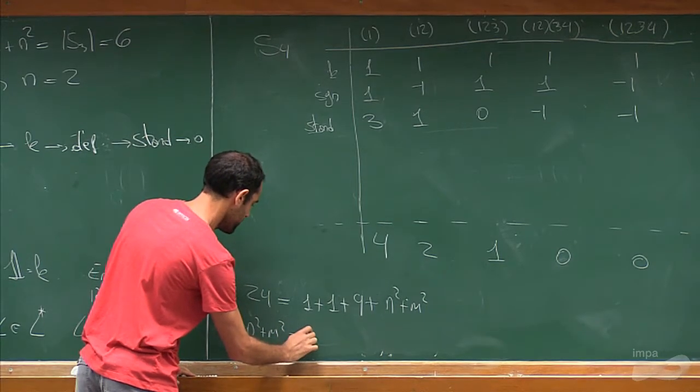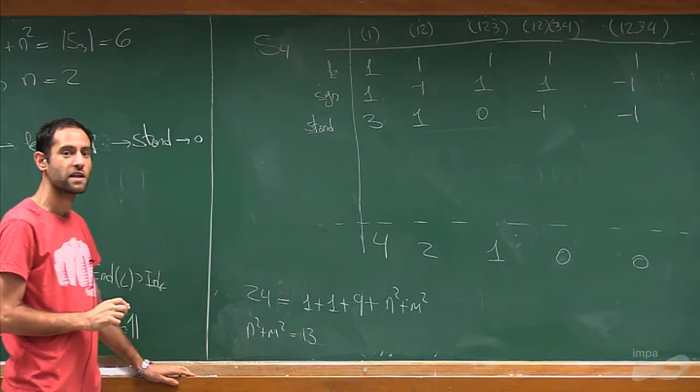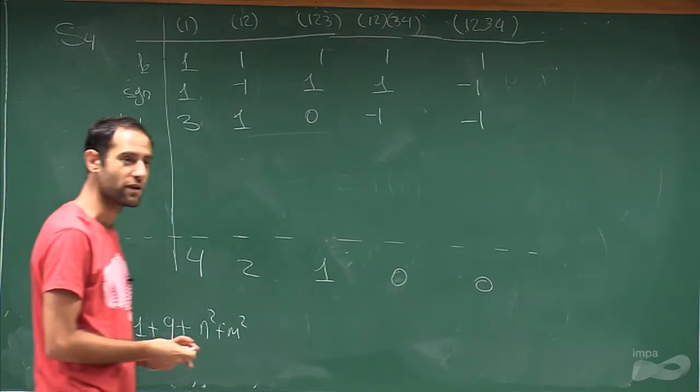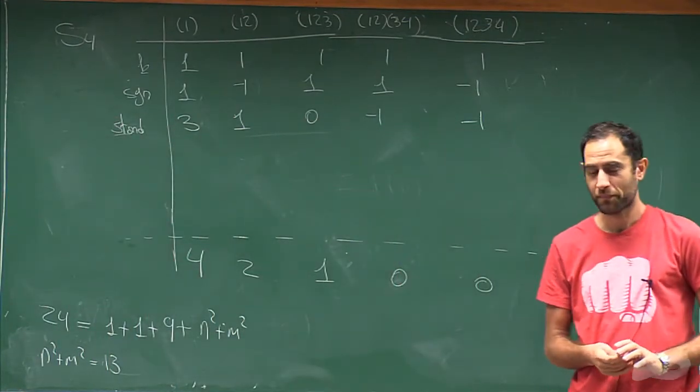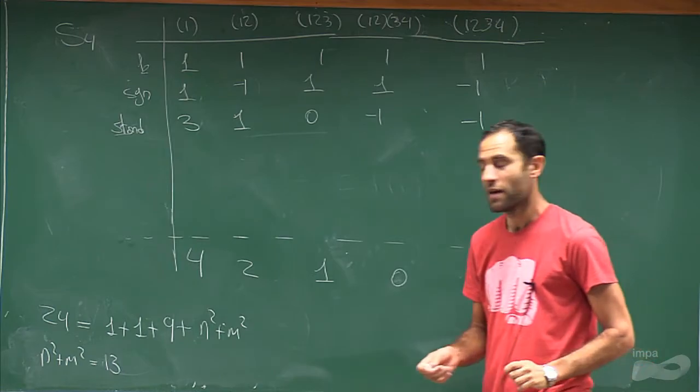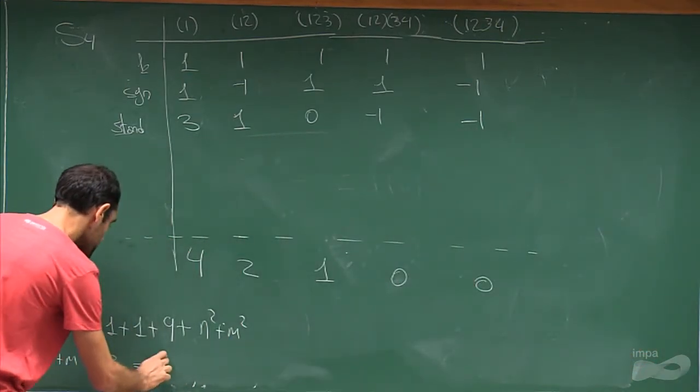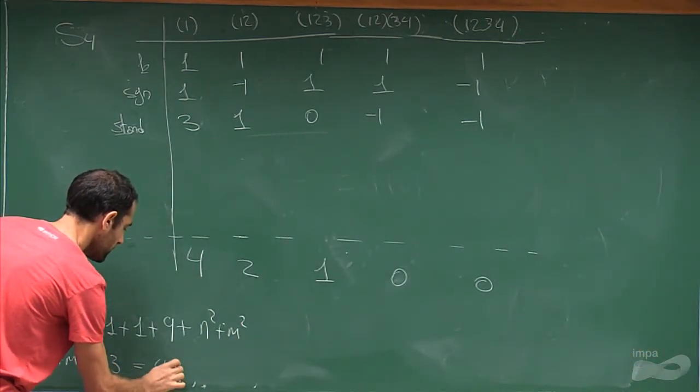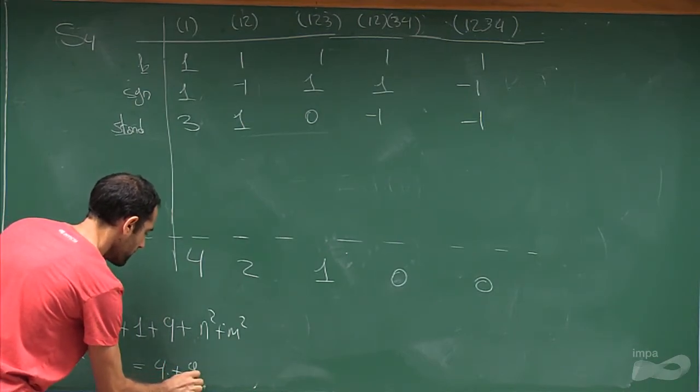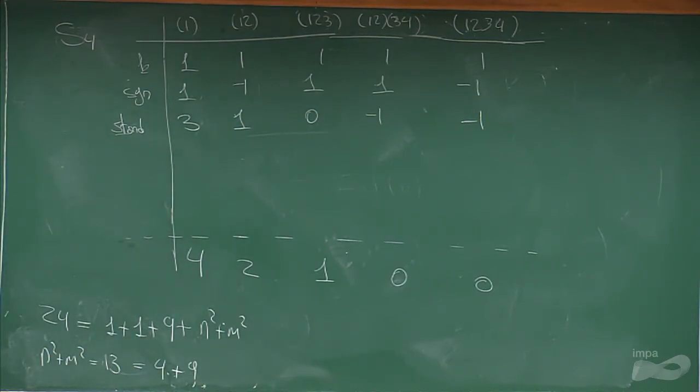Is it 13? And now I need two squares that sum up to 13. Can you give me the answers to those? Sorry? Okay, so 9 plus 4 works, correct? And that's it. 1 plus 12 doesn't work. So I know that the two representations that I'm missing are of dimension 2 and dimension 3.